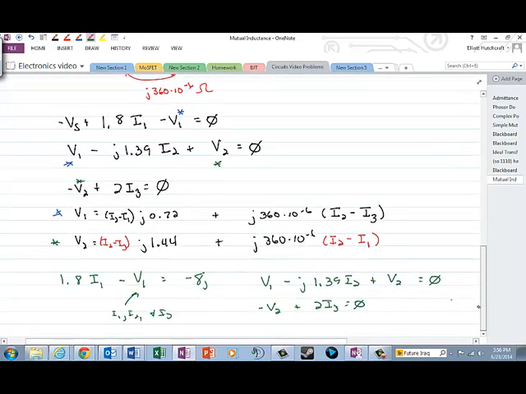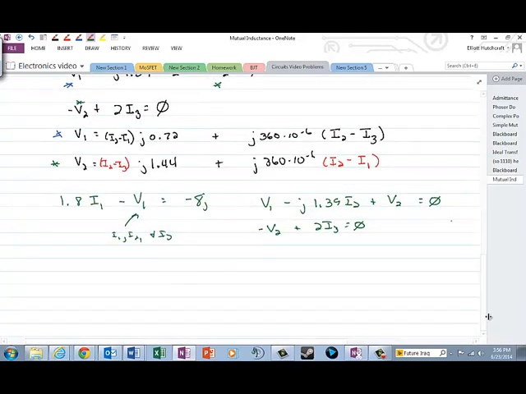Okay, so that's a little long and drawn out, but notice V1, as I said, is in terms of I1, I2, and I3. V2 we have in terms of I1, I2, and I3 too. We can get three equations, and the three unknowns will be I1, I2, and I3, so we should be able to solve for those mesh currents.